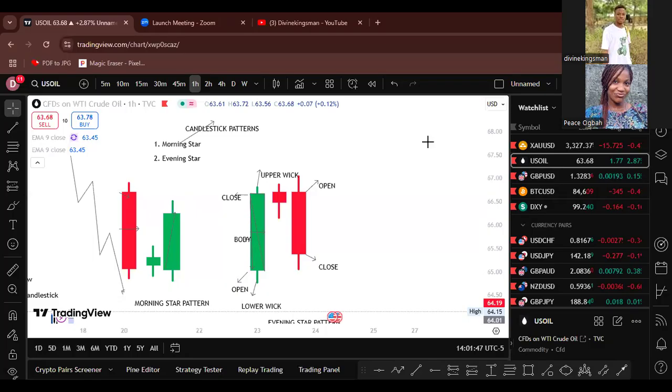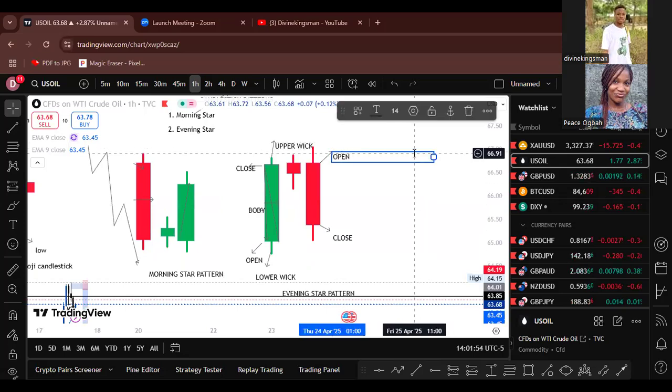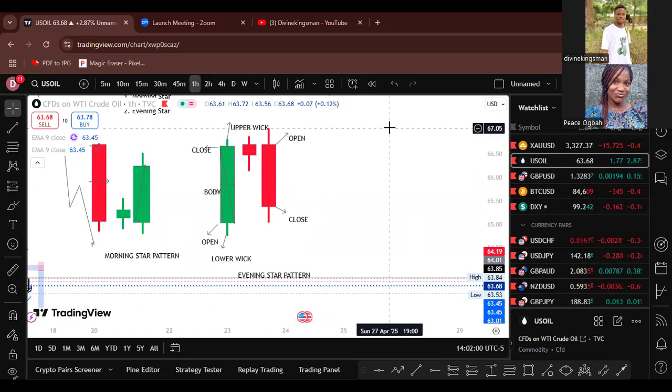Okay. So today we'll be talking about some other candlestick patterns. We have discussed the formation of candlesticks, how they form.